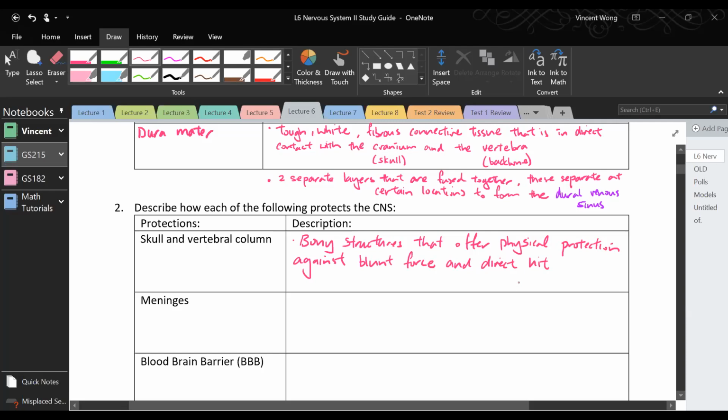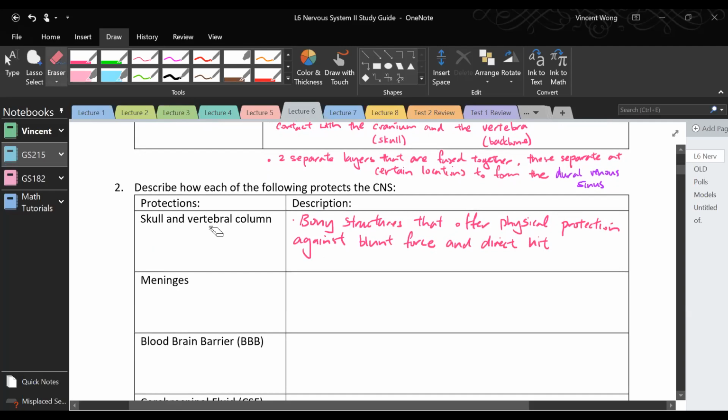Okay, you slip and fall and you bump your head, that's okay. The skull will protect the brain. Okay, that's the skull and the vertebral column.